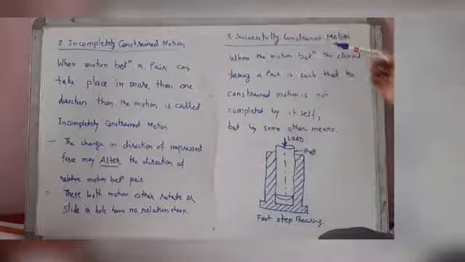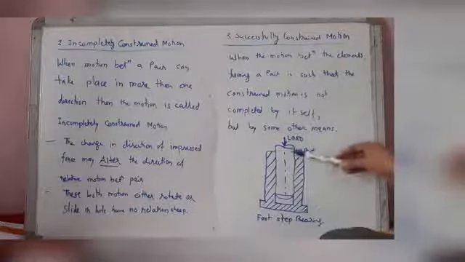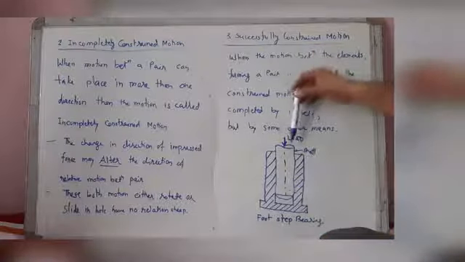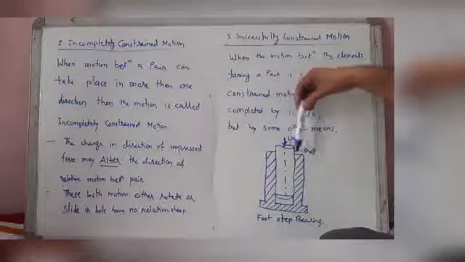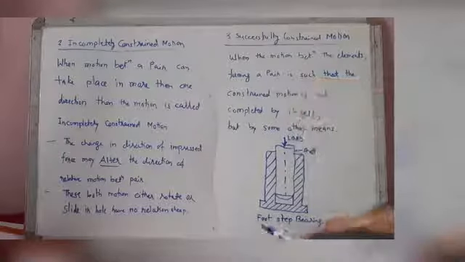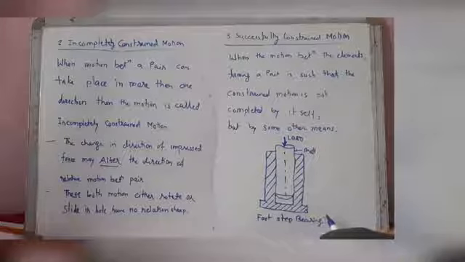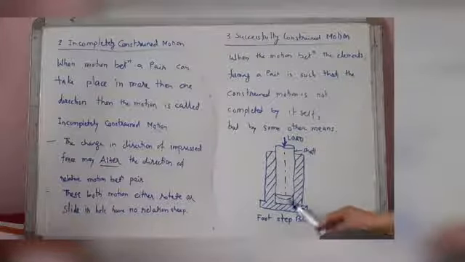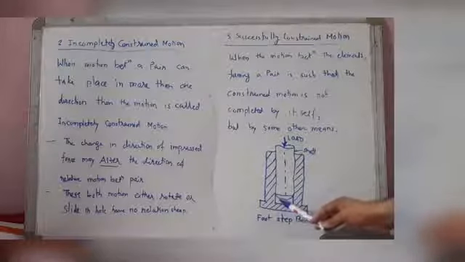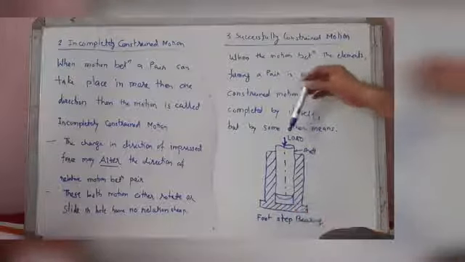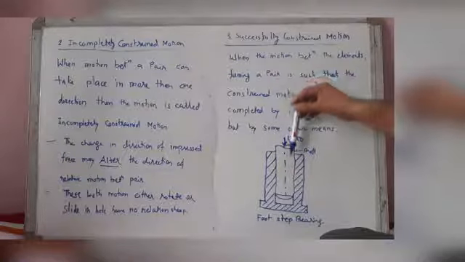Here we can see the example of a footstep bearing. This is the shaft, and a vertical load is applied to the center, and the shaft has to rotate here. This type of footstep bearing is used in different types of machines. In this place some oil is kept to bear the load of this shaft.